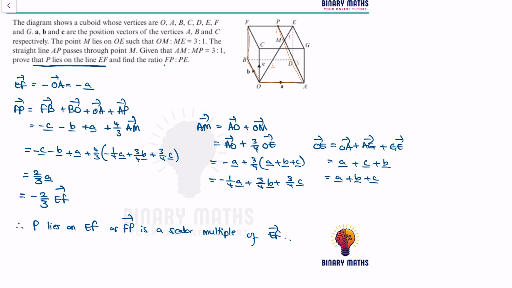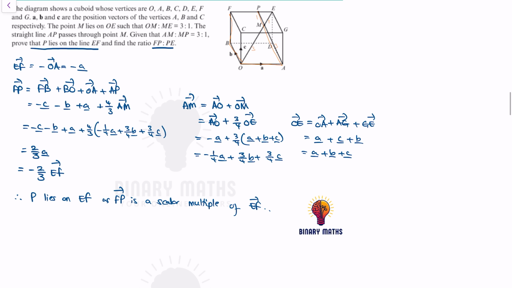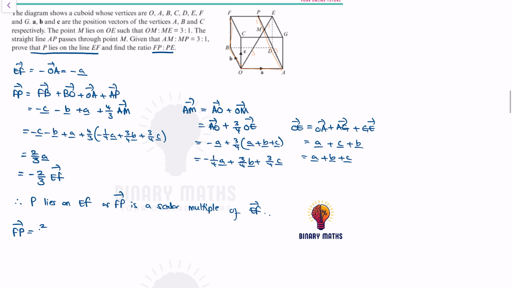Next thing we need to do is find the ratio FP to PE. So I already know what FP is. FP is equal to 2/3 of A. So I need to work out PE now.